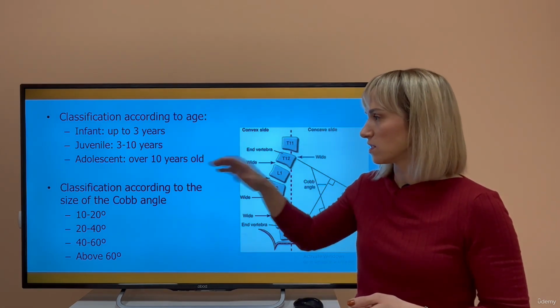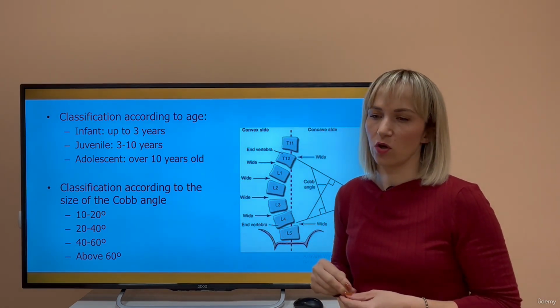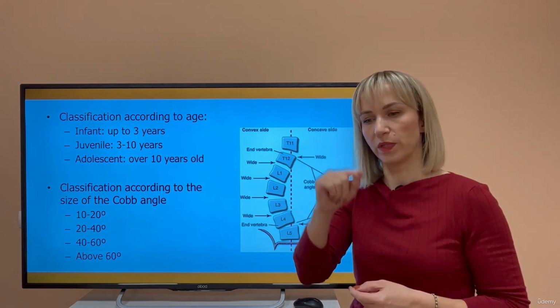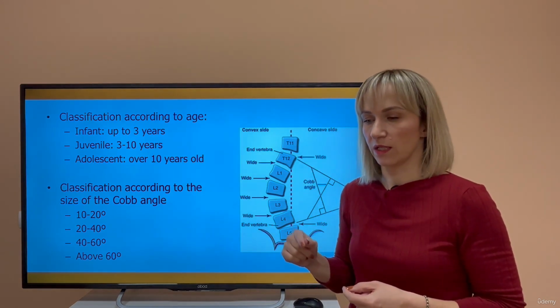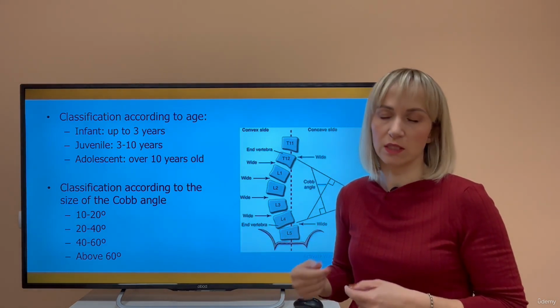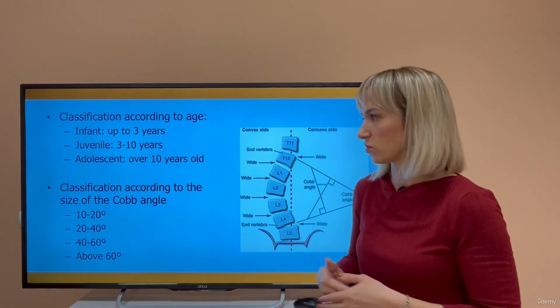So the age is an indicator of how much the scoliosis will be derotated and whether the treatment is going to be easy or not.